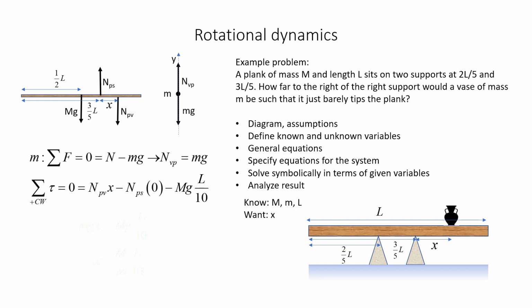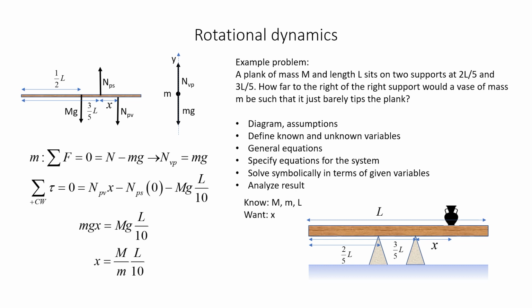I can solve my first equation for the normal force equaling mg, and then substitute that in, giving me mgx equals capital Mg times L over 10. I can simply solve for x. x equals capital M over small m times L over 10.